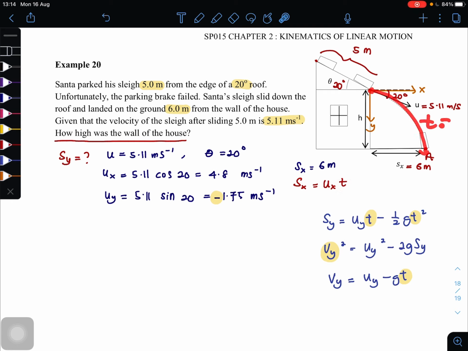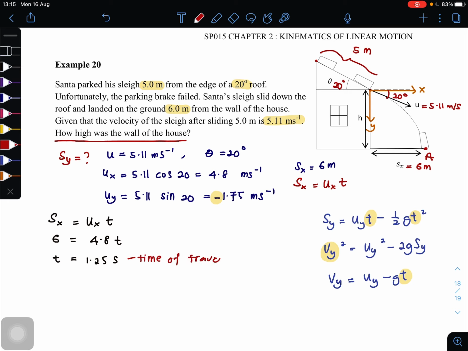So SX is equal to UX t. SX is 6, UX is 4.8 t. So you get t equal to 1.25 seconds. So this is the time of travel. Okay, remember time of travel is from the position here to here.